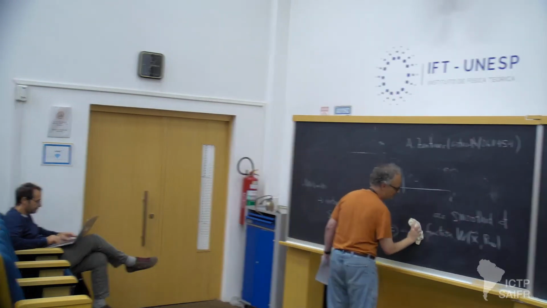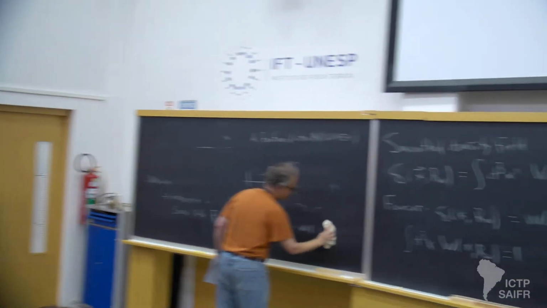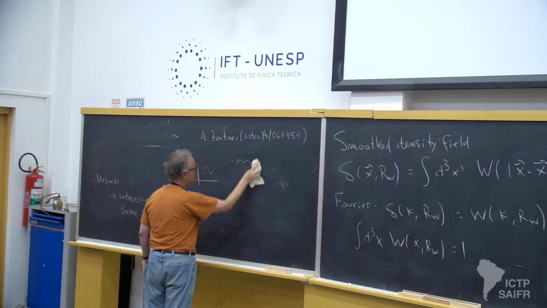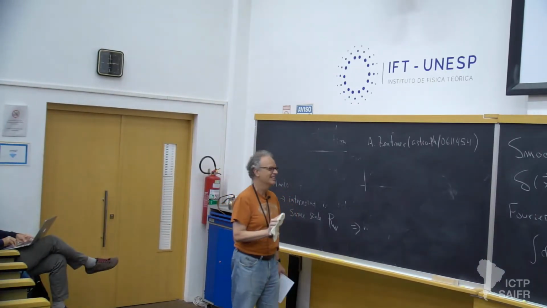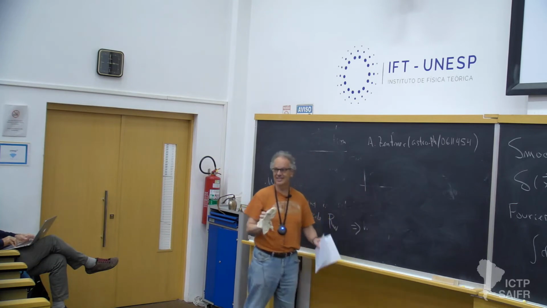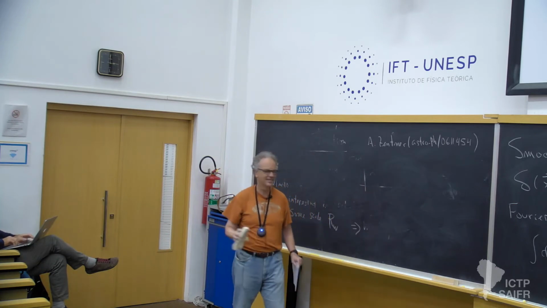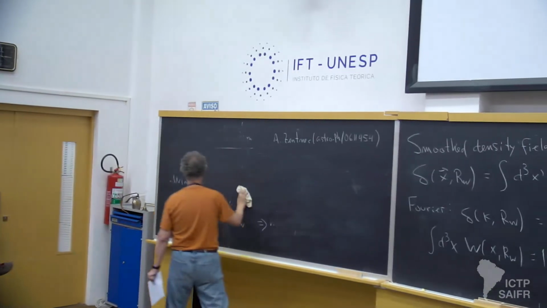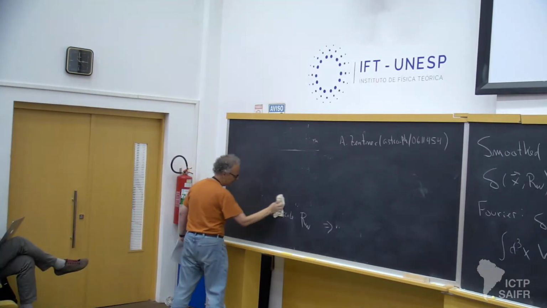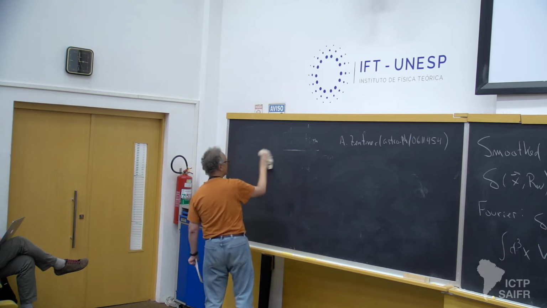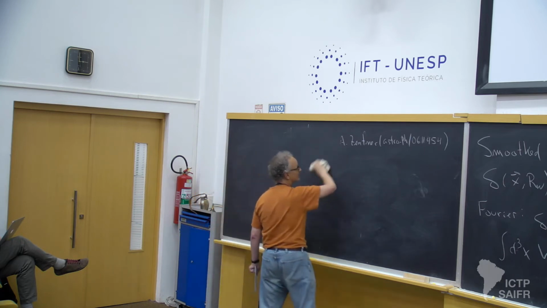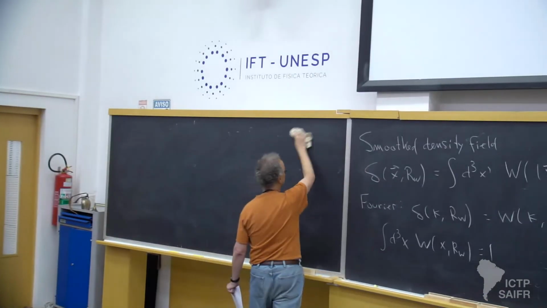Now I want to talk about this very simplified model again. So I'm just doing simple things here. Everything is simple, and kind of analytical. There's a simple model to find the amount of halos as a function of mass in the universe.